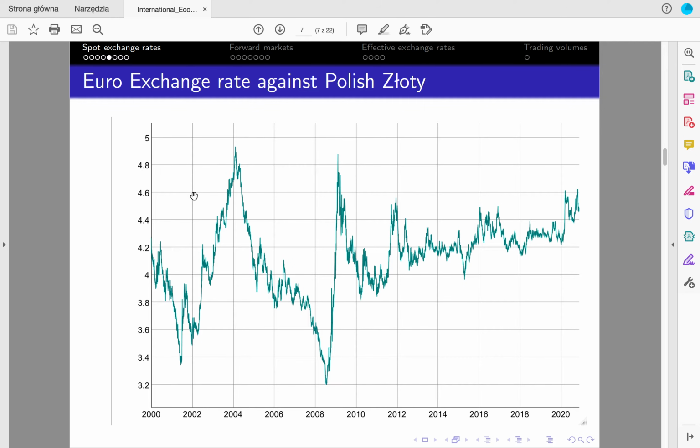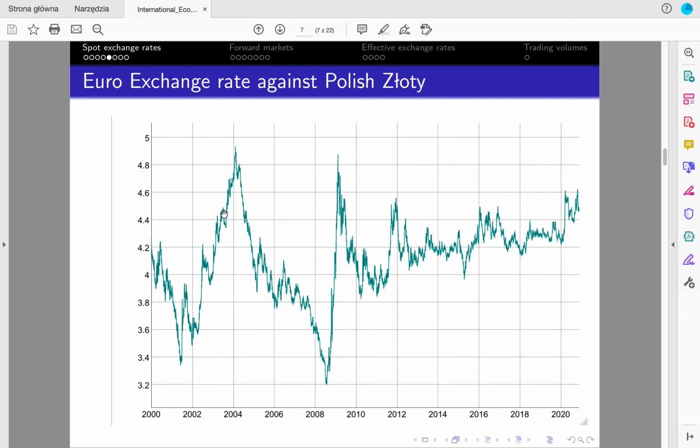Now, over here, we see the exchange rate of euro against Polish zloty. Okay, and we see here again that between 2000 and 2002, euro was depreciating and Polish zloty was appreciating.